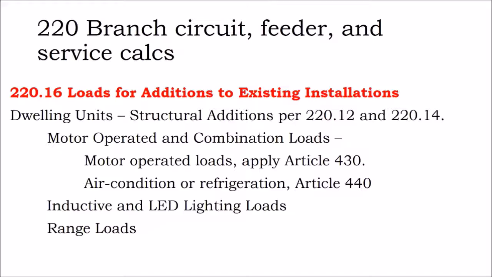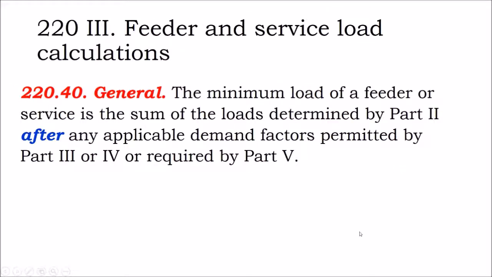We'll visit some of those special calculations as we get into section 400, which is general equipment, and then again when we get into section 600, which is specialty equipment. It says the minimum load of a feeder is the sum of all the loads determined by Part 2 after any applicable demand factors permitted by Part 3, 4, or 5 of Section 220 are applied.